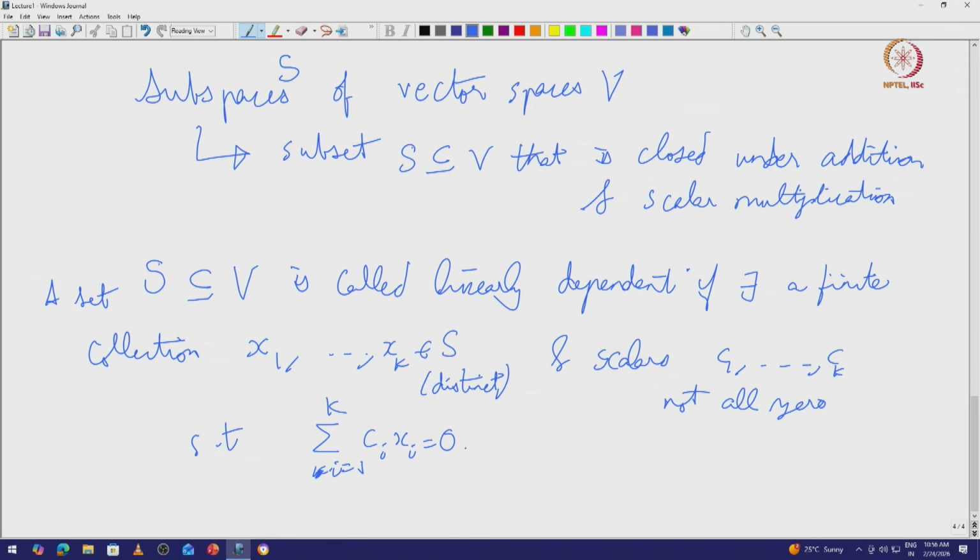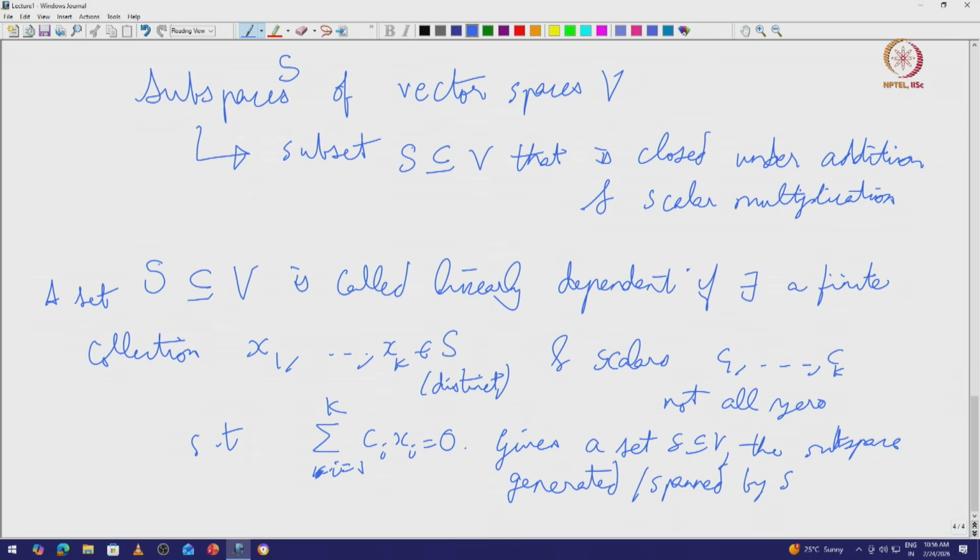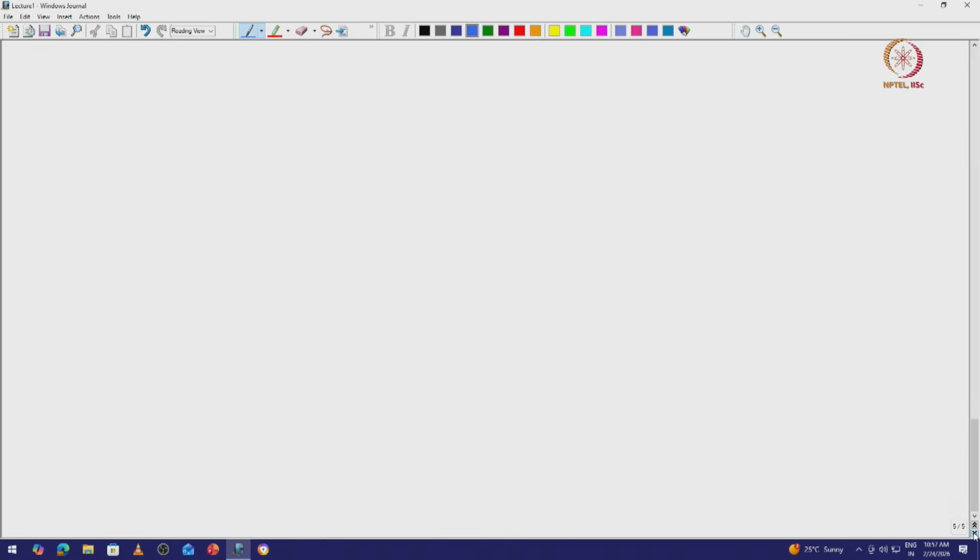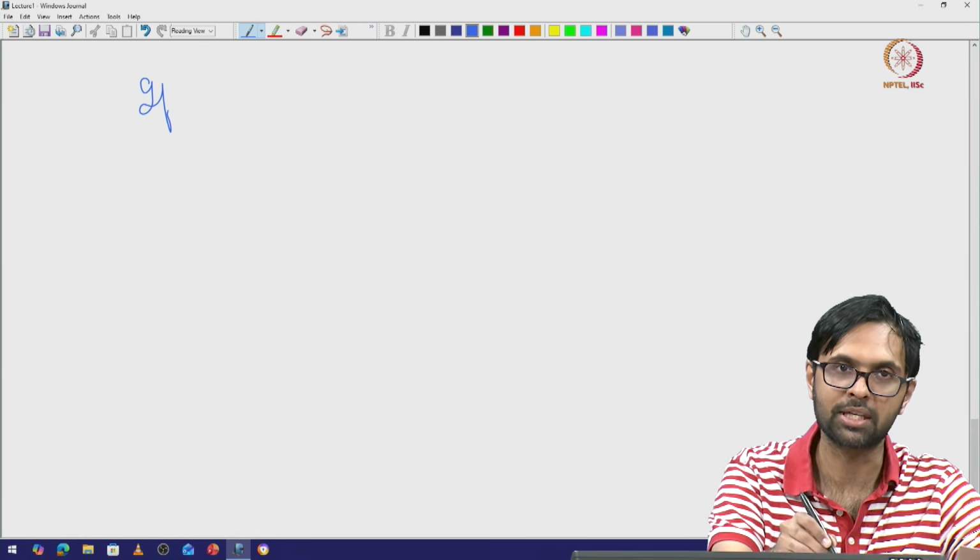Here's one more related definition. Given a set S, the subspace generated or spanned by S, denoted as L of S, is as follows. Basically it's the smallest subspace that contains S. In other words, the definition can be split up into two pieces.